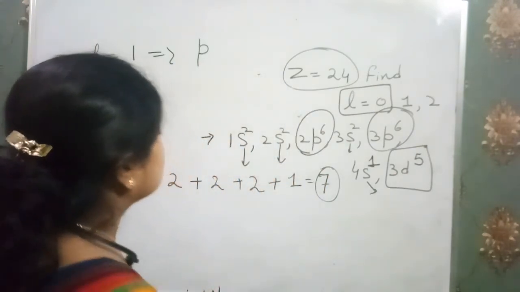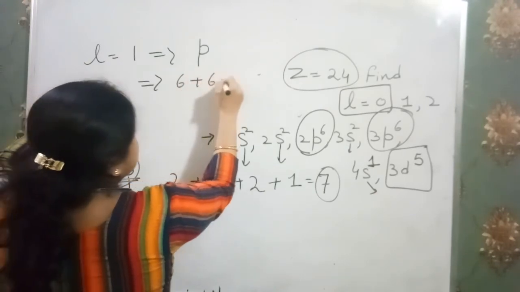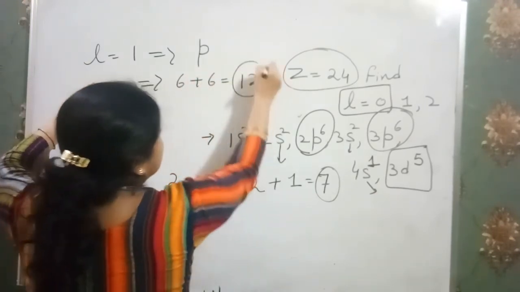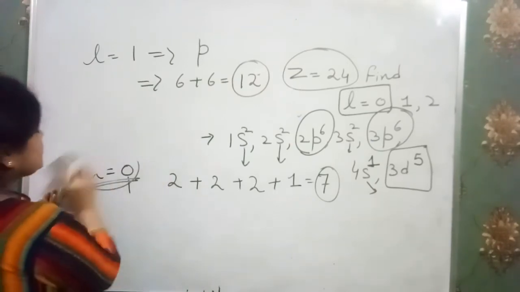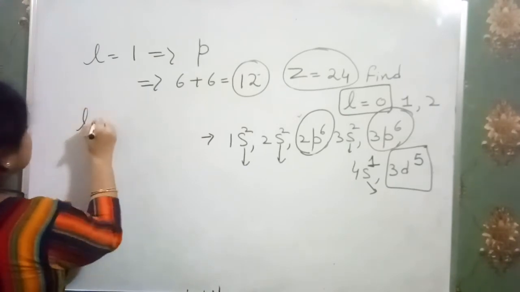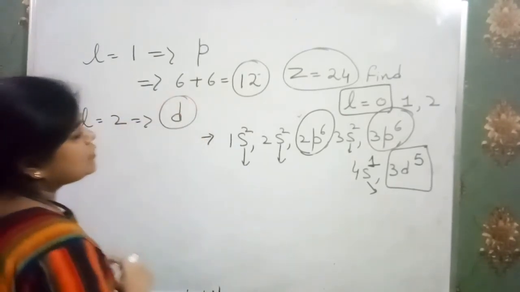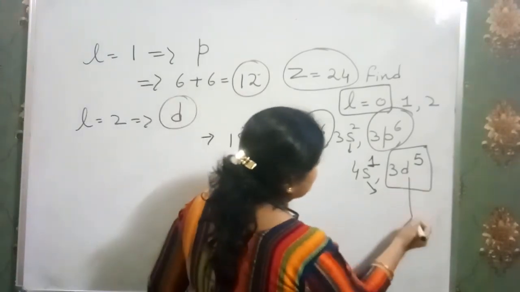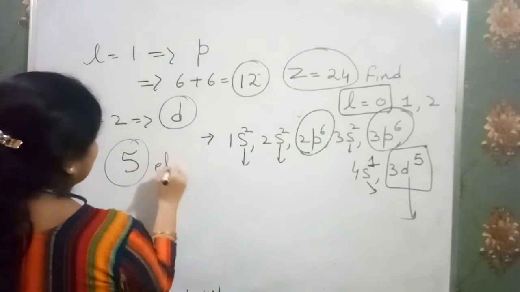So in the p orbitals we have 6 plus 6, so we have 12 maximum electrons. Clear? Now the last case, when L is equal to 2. 2 means d orbitals. So we have only this one d orbital, so the maximum number of electrons is 5 electrons.